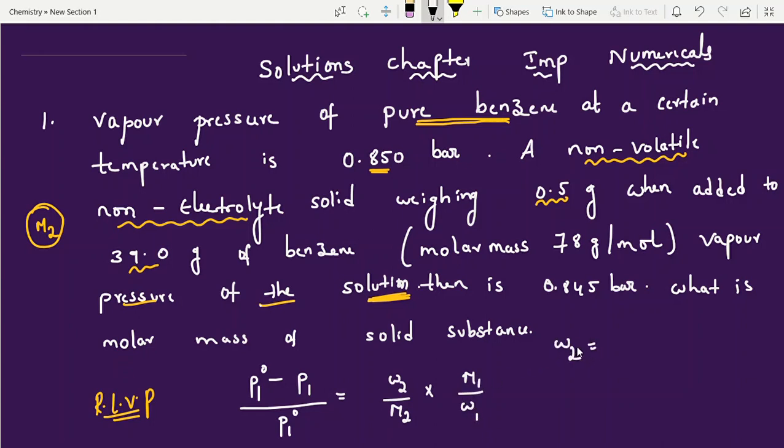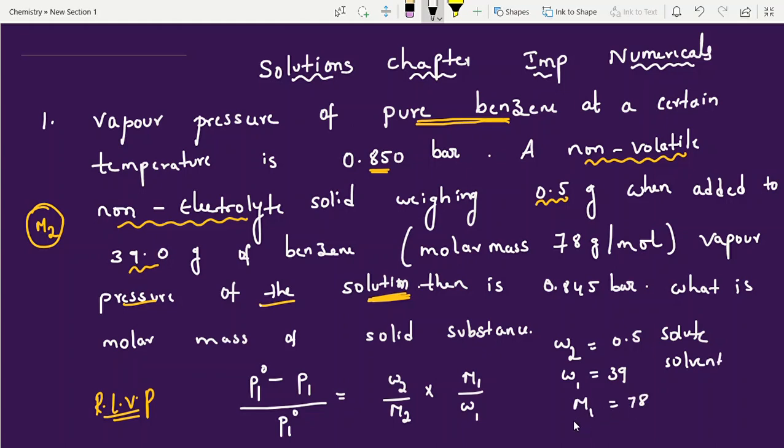Solute. This is 0.5 gram, this is 39 gram. Which is the lesser part? That is solute. Easy, right? And W1 is definitely 39, the solvent, benzene. Solute, solvent. The solvent molecular mass they had given, M1 equal to 78.